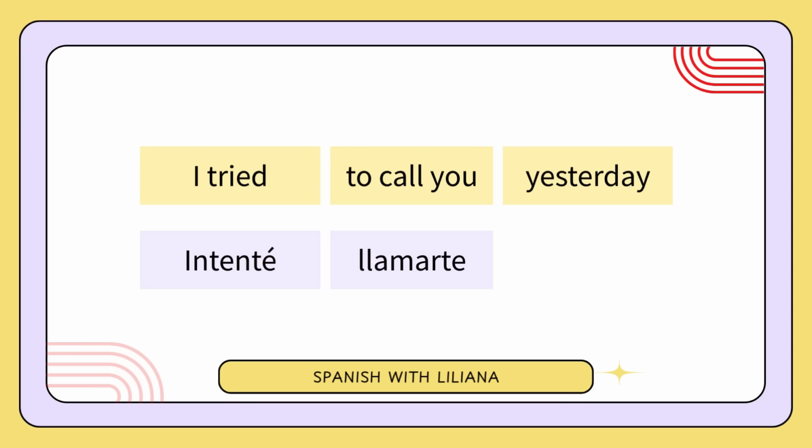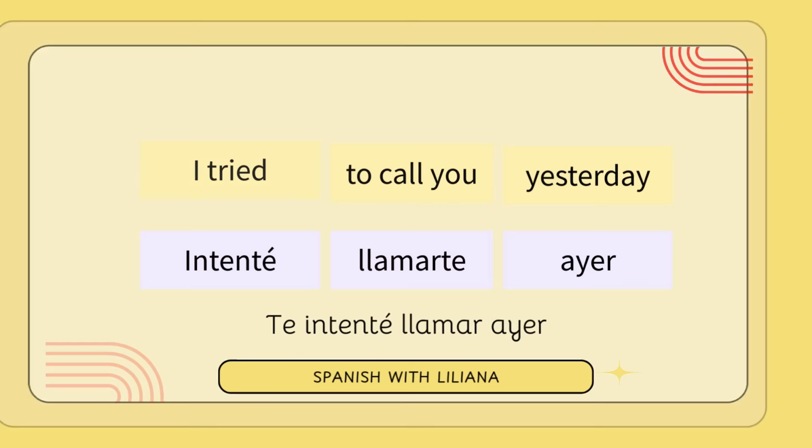Intenté llamarte. And yesterday is ayer. Intenté llamarte ayer. We could also not attach the pronoun te and just use it at the beginning. Te intenté llamar ayer. But that one is less common. It's also a little confusing because te goes first.